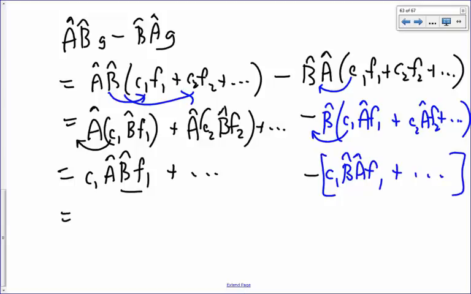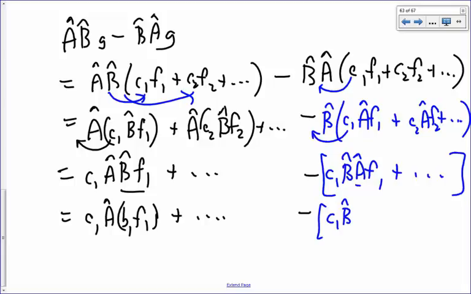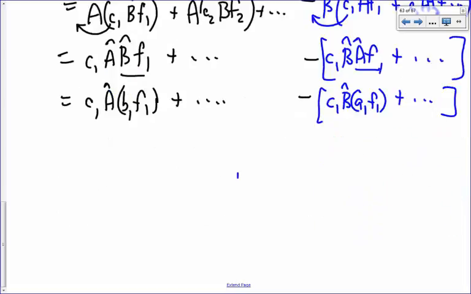But this B hat F1 is B1 F1, right? A hat operating on that, C1 plus minus, what do I have here? C1 B hat, what's A hat operating on F1? A1 F1 plus and so on.